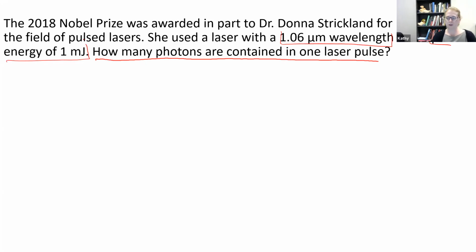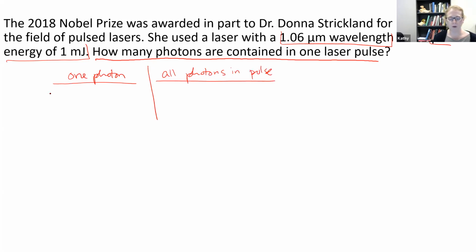And what I want to call your attention to, let's kind of divide this in half, right? We've got one photon, and we've got all the photons in the pulse. And that 1.06 microns, by the way, that's 1.06 times 10 to the negative 6 meters, right? That's a property of a single photon. One photon has that wavelength, and so does another one, and so does another one. It's a property of individual photons.